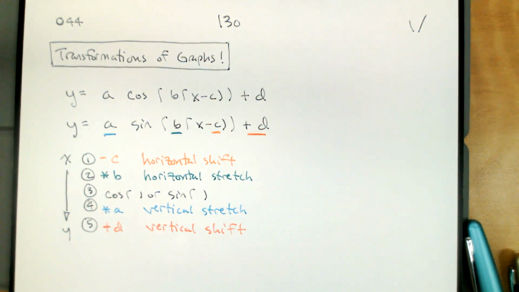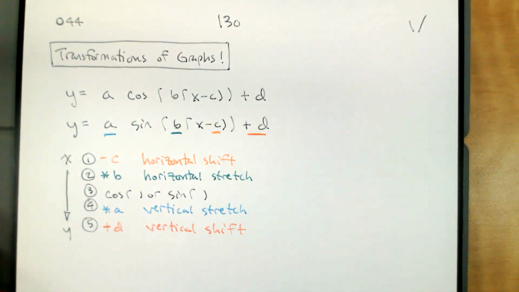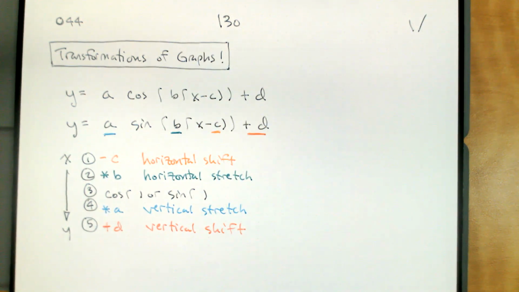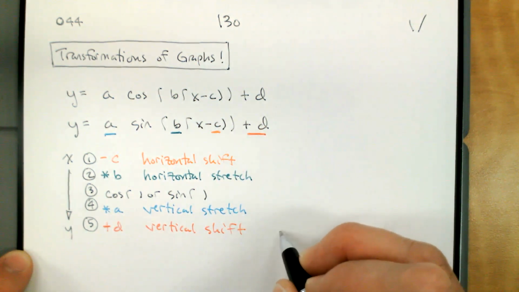Now we can get into the particulars of what these four numbers mean in the graph. I can't remember if we got to this part yesterday, so we'll just get to it today. This last one, the vertical shift, is the easiest one. Anything that's just plus some constant at the end is going to tell you where the middle of the graph is. So d, the middle is at d.